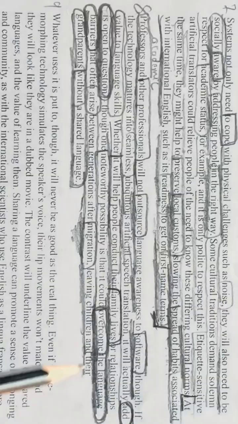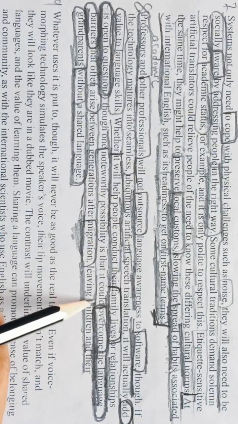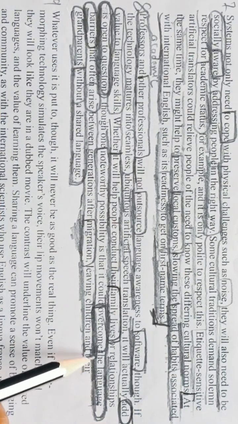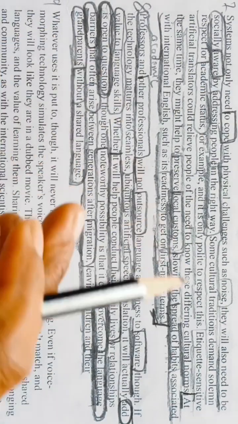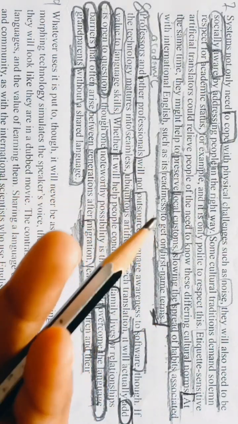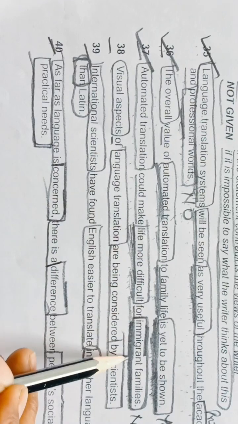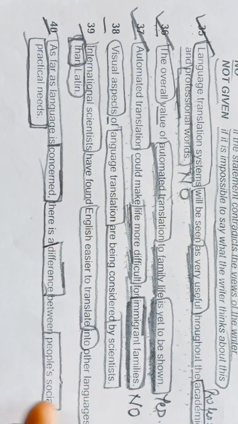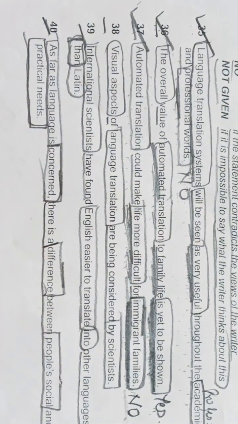This statement is contradicting with this line: though one noteworthy possibility is that it would overcome the language barriers. This is the writer's view. Overcome the language barriers means it will be easy, it will not be difficult. And in the question they are asking life is more difficult for immigrant families. So both the statements are contradicting with each other, and we will write no in front of 37 in our answer sheet. I hope you understood this.